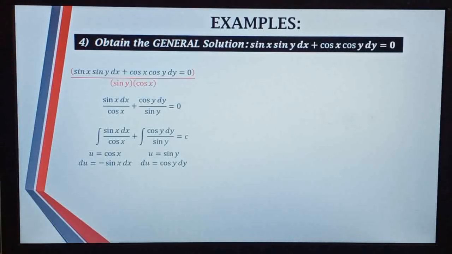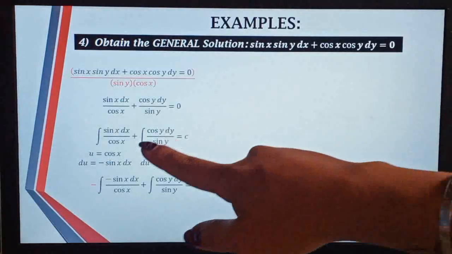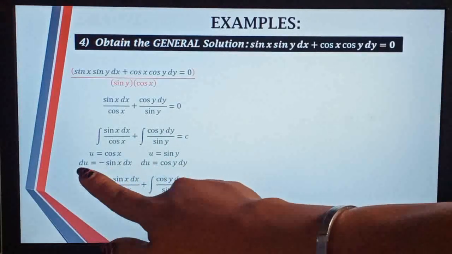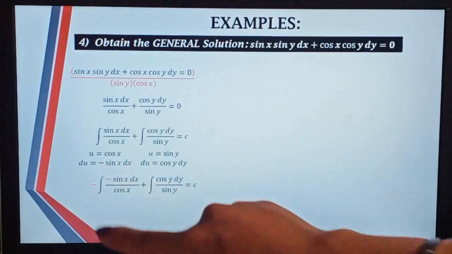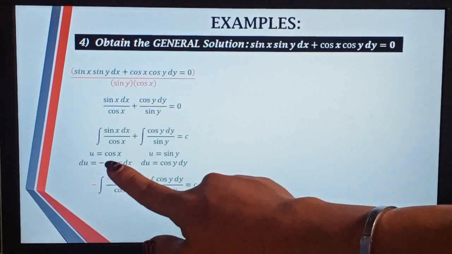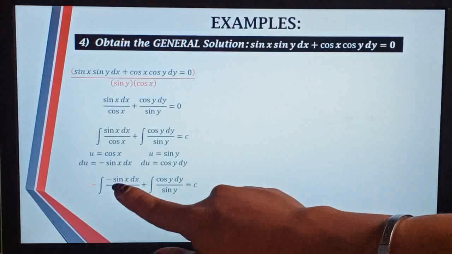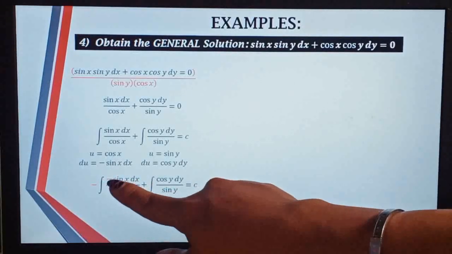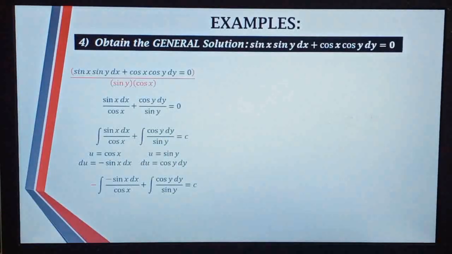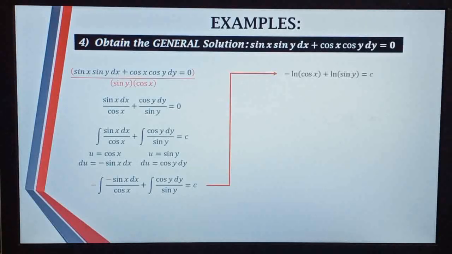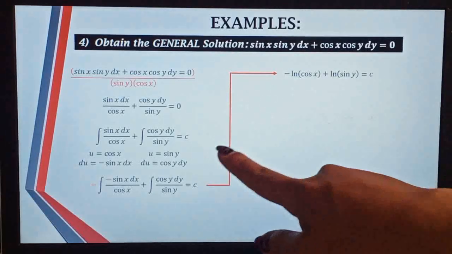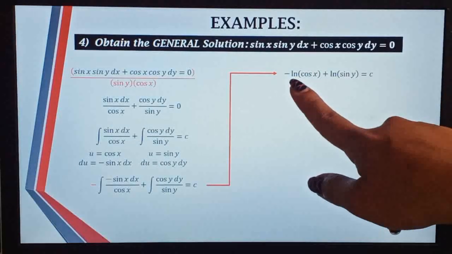Now, evaluating that integral, kailangan yung first term natin, since si du mo has the presence of negative or simply negative 1, so you have to insert negative 1 inside, then balance by negative 1 outside para magkaroon ka ng du over u. So, ang mangyayari na ngayon, you have du over u, so magkakaroon ka ng ln of u.